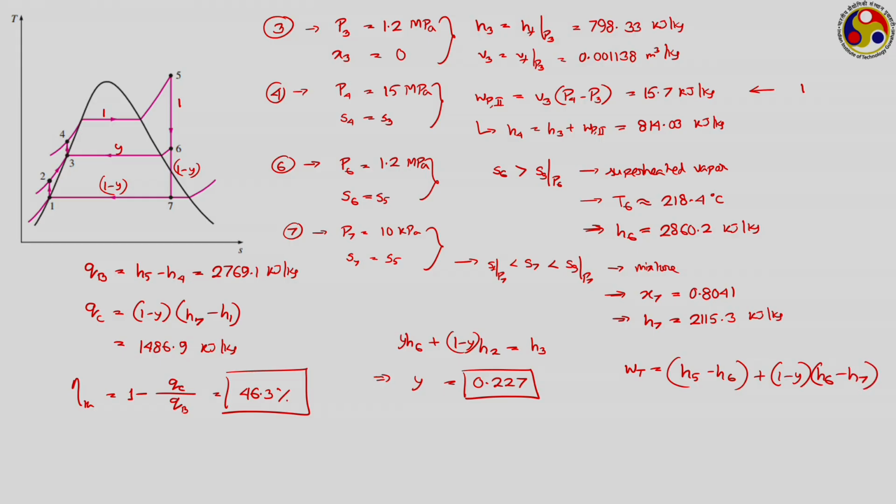If you calculate, I guess the turbine work will be coming to be slightly lower than what we got in the previous case, but the amount of energy supplied in the boiler, this particular number, that has also come down very significantly, just compare with the previous problem. That has led to an increase in the overall thermal efficiency of this plant. So, this is an example of how to solve a problem involving feed water heater.